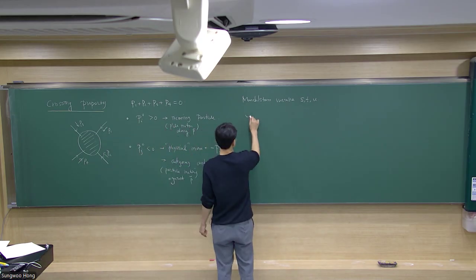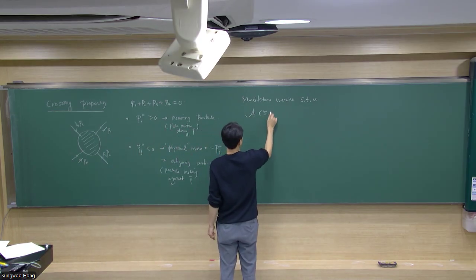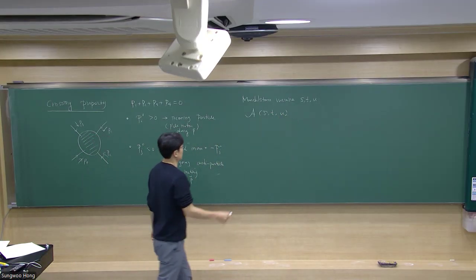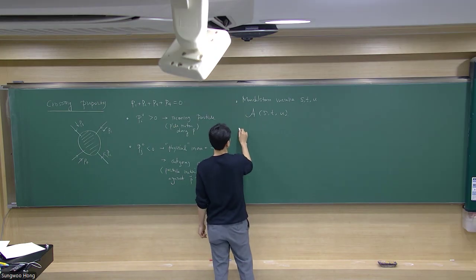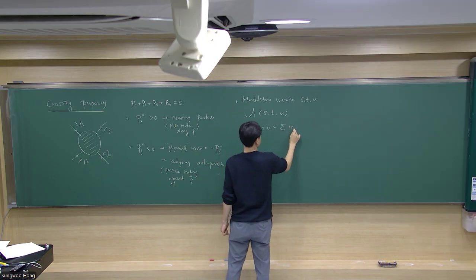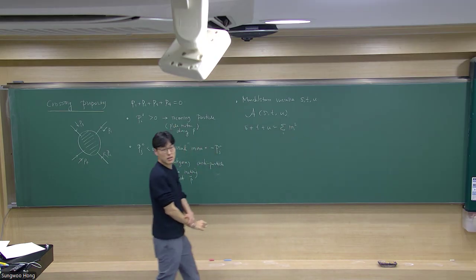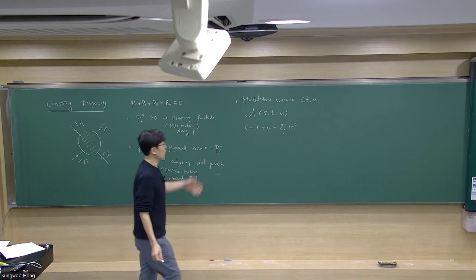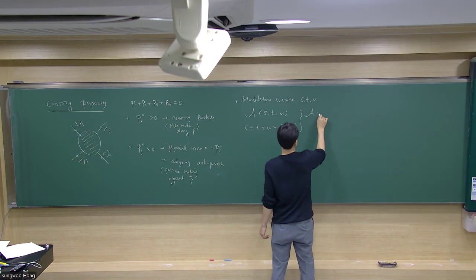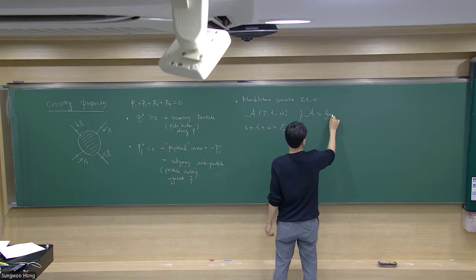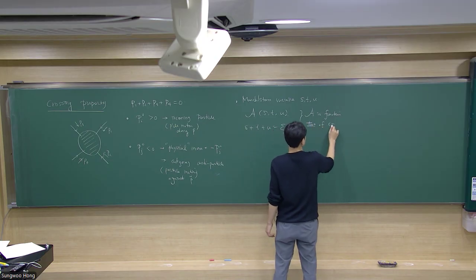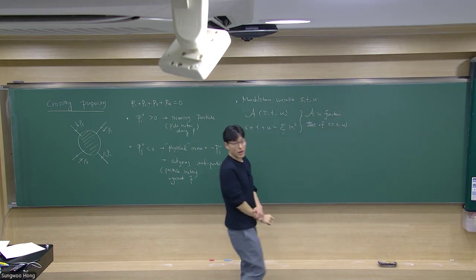And so the amplitude is a function of S, T, U, and then I said that this is an overcomplete set in the sense that it has to satisfy a constraint equation, as I showed in the last lecture. So in fact, this shows that this amplitude is a function of two of S, T, U, in principle.